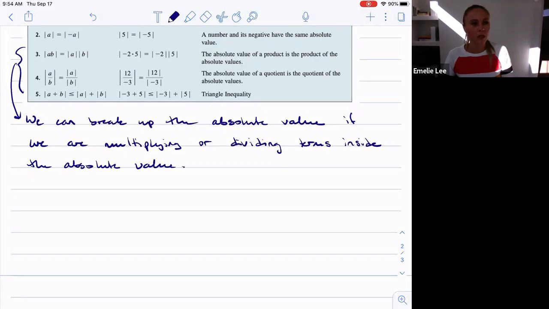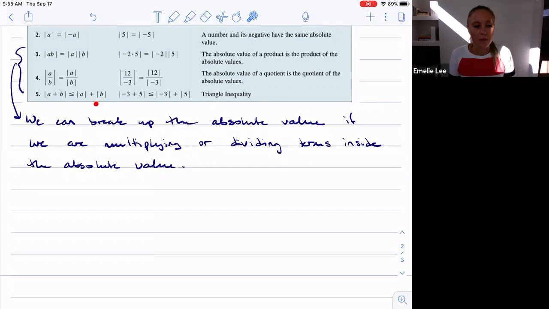Okay. And then not so much to use the triangle inequality, but just remembering that if you're adding, then you can't actually break it up because the absolute value of a plus b is going to be less than or equal to the absolute value of a plus the absolute value of b.